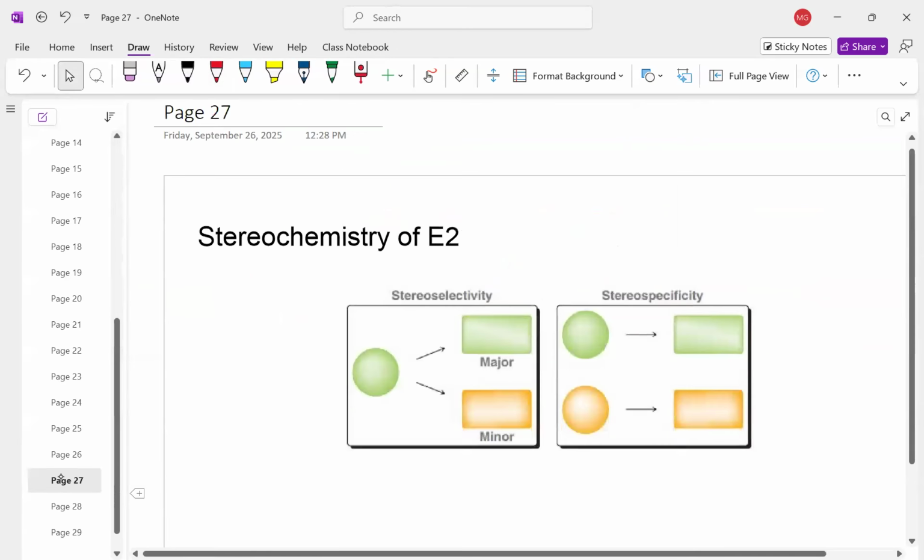Now, the other aspect of stereochemistry is something known as stereospecificity.